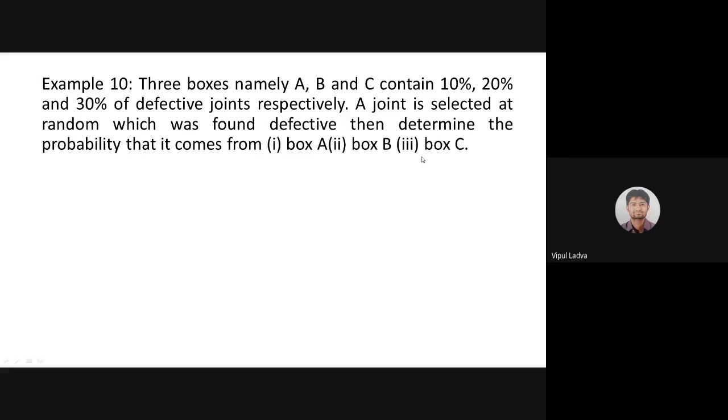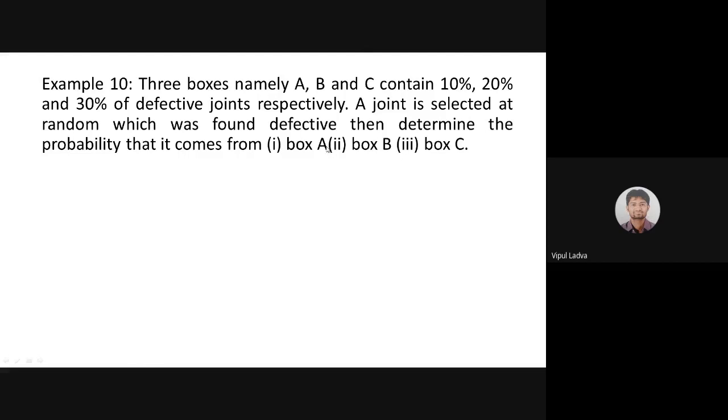If we wish to identify these three probabilities, then first we need to model this question with proper labeling. We need to label some of the events properly, and then we will deal with the notation, what notation we will use for whichever question we are solving.